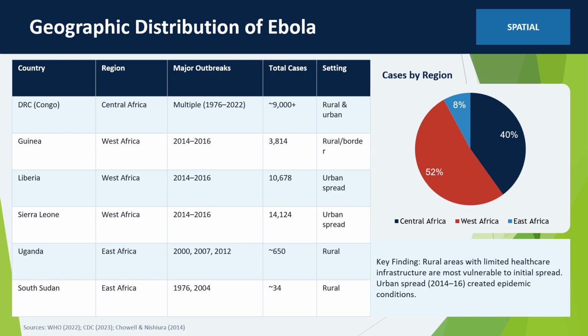A critical public health observation here is the relationship between geography and health infrastructure: rural settings with limited access to hospitals, clean water, and trained healthcare workers are consistently where outbreaks start and spread most rapidly. The 2014-2016 outbreak demonstrated that even when an outbreak reaches an urban center like Monrovia or Freetown, it becomes much harder to contain.